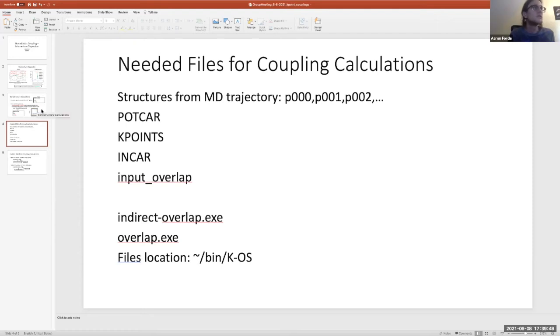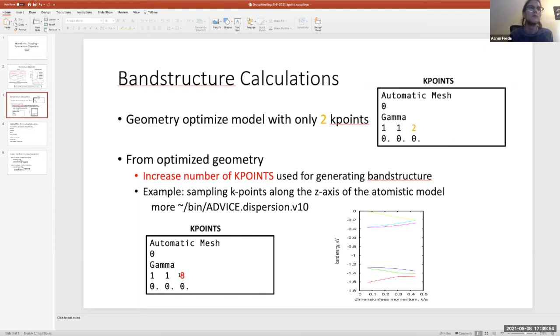A lot of the time would just be figuring out the right amount of K points that you want for the dynamics, because to get very smooth curves, you need a lot of K points.